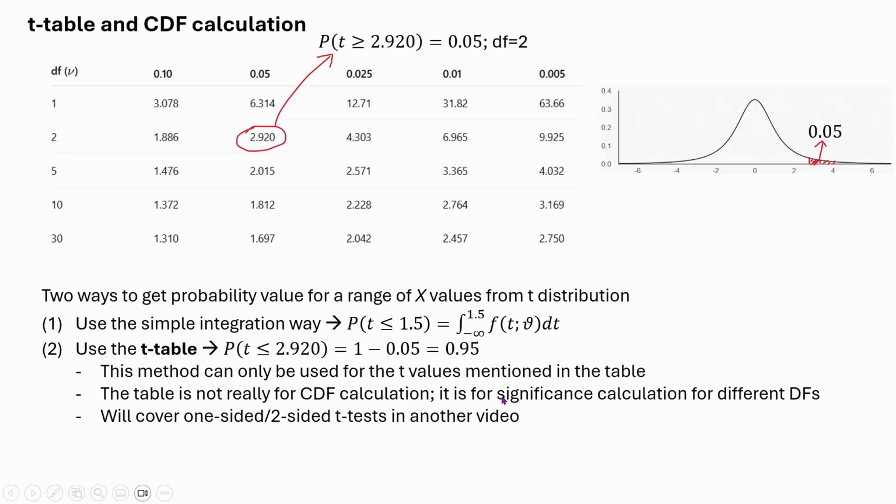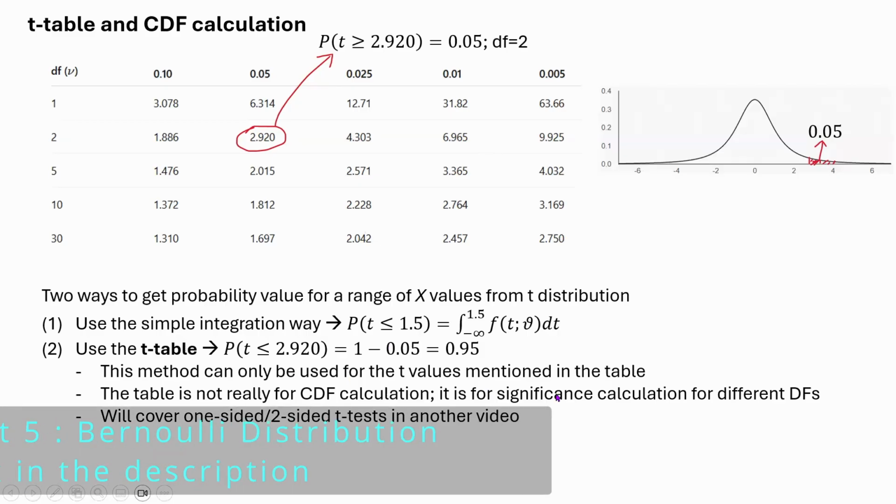We are going to talk about this in another series, which is a series on statistical significance analysis. So we are going to skip it for now. Just for your understanding, the t-table is not really for CDF calculation. You can use it for some cases, but it is mainly for significance analysis.